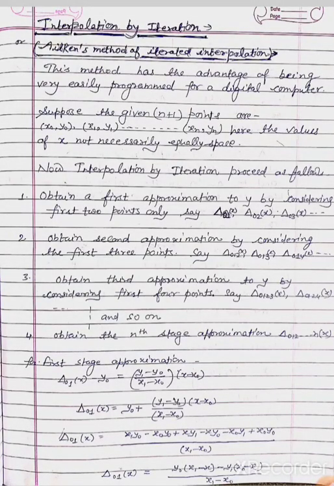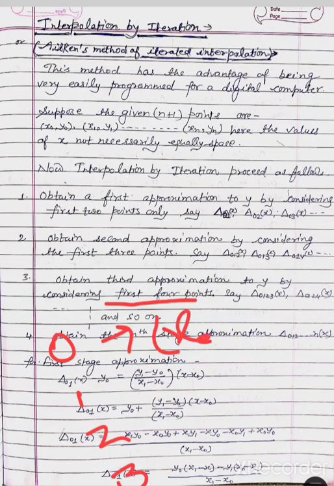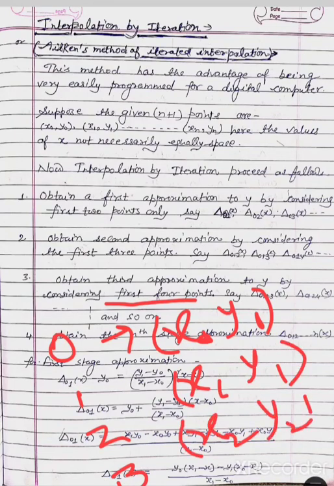Next, we obtain the third approximation by considering the first 4 points 0, 1, 2, 3: x0 y0, x1 y1, x2 y2 and x3 y3.